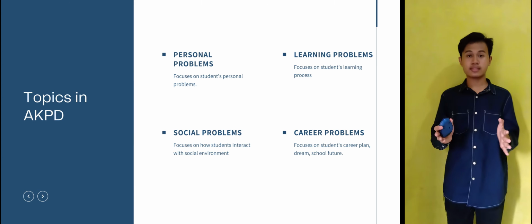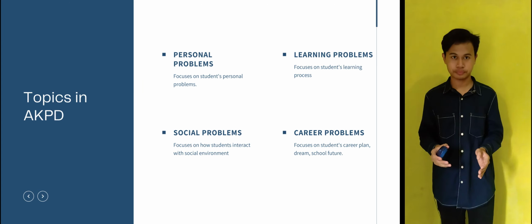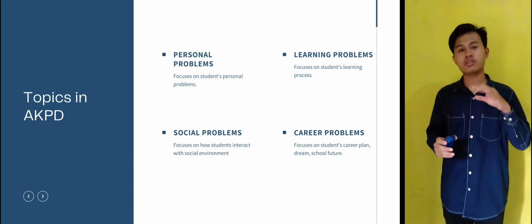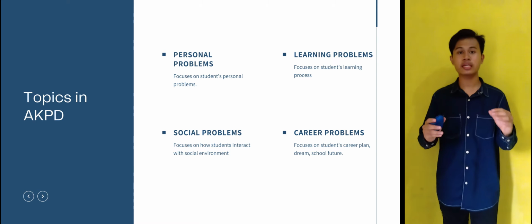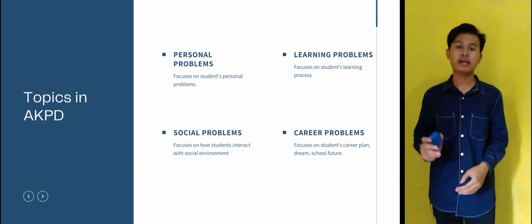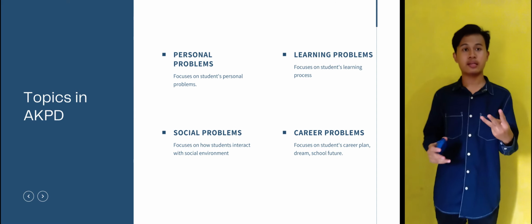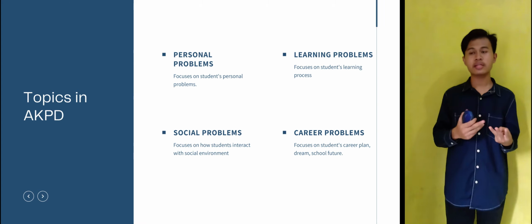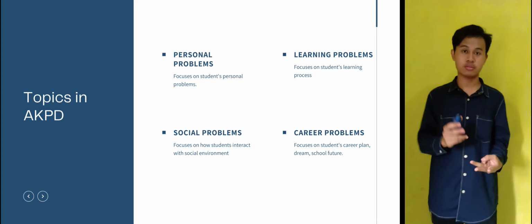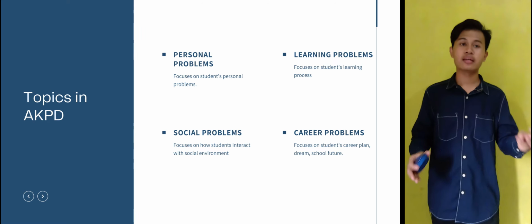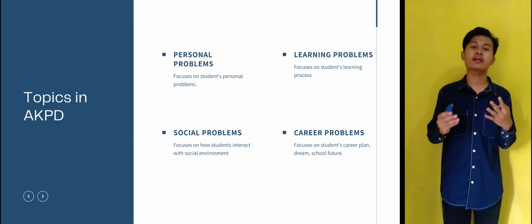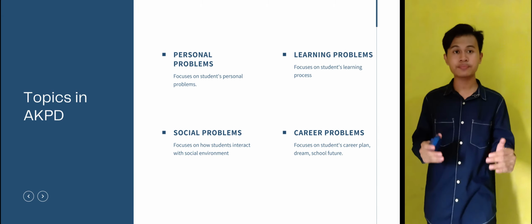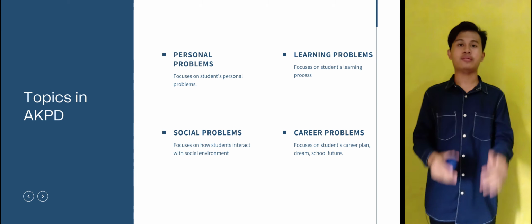The next is social problems, which focuses on how students interact with the social environment, especially in the school. The third is learning process, which focuses on how students learn or study in the school. And the fourth is career services, which focuses on students' career plans, dreams, or future.